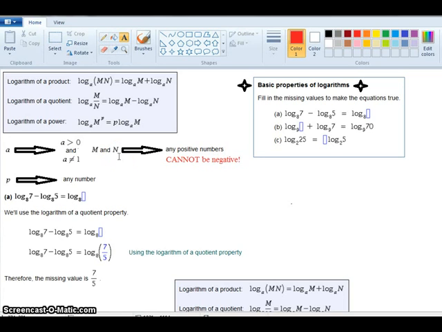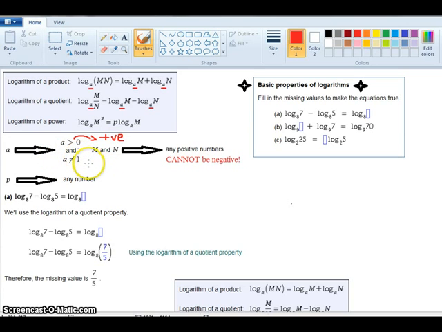And your a, all these a's, can be any number as long as it's a positive number, but it cannot be 1.